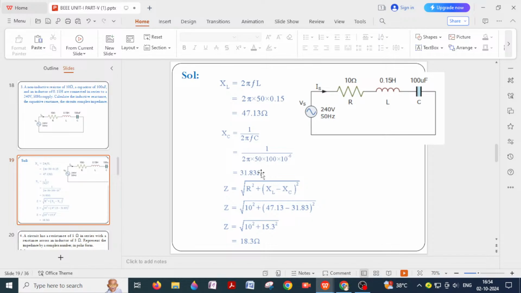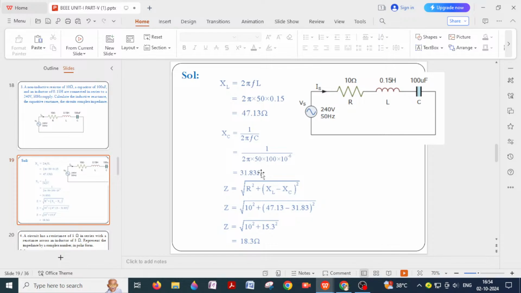Okay, so Z is equal to, what we have already learned, root of R square plus X square.